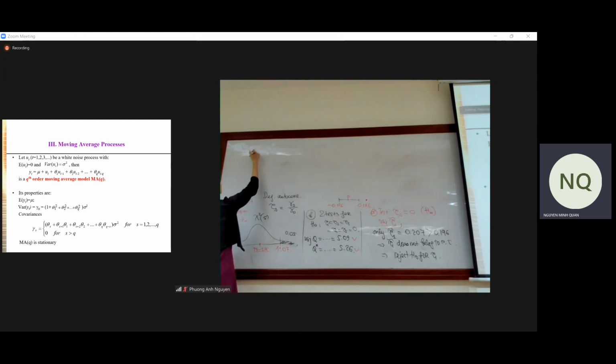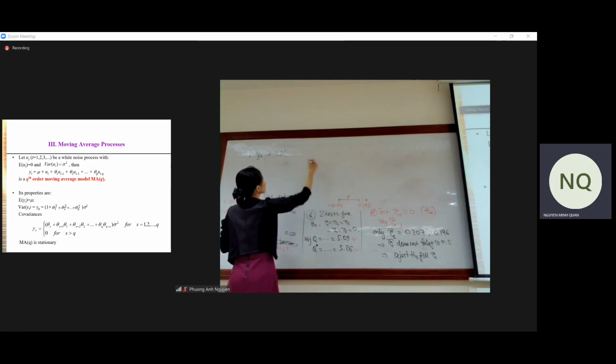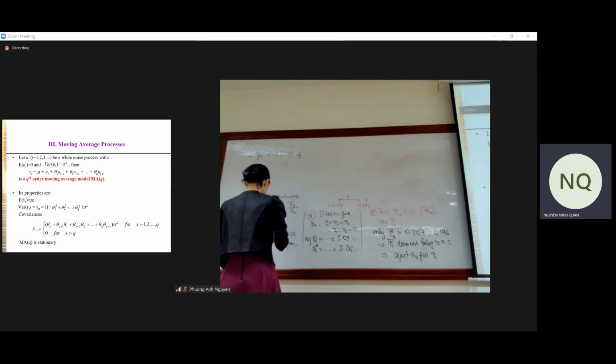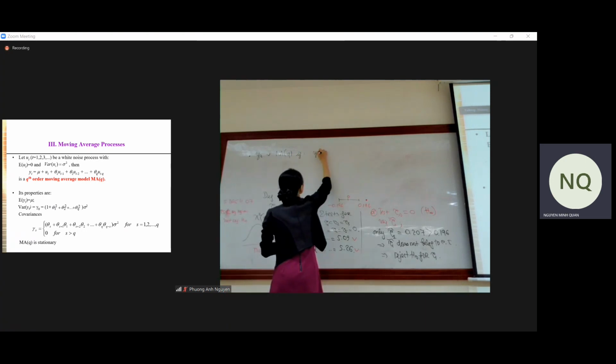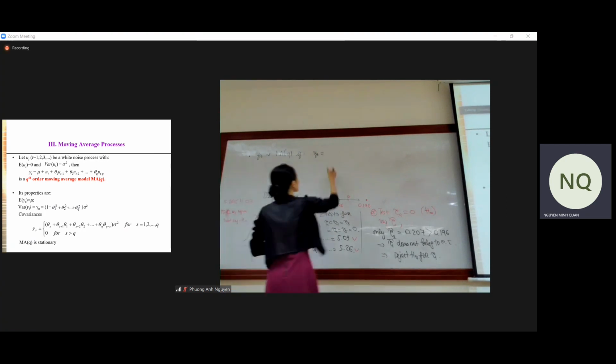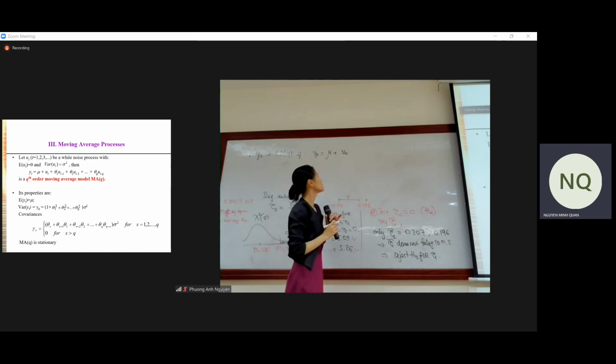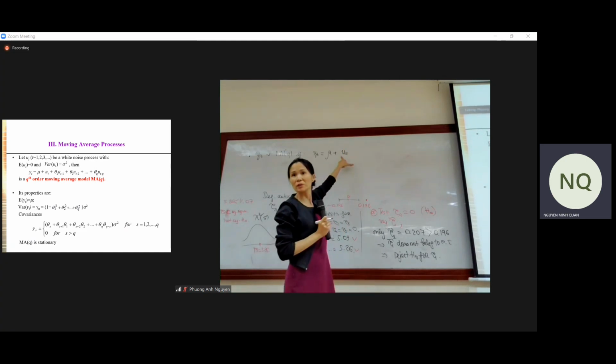So we're saying that the series Y_t follows the moving average process of order q if Y_t has the following form: to start with the constant mu plus the u_t term. Remember that here the coefficient of u_t is 1.